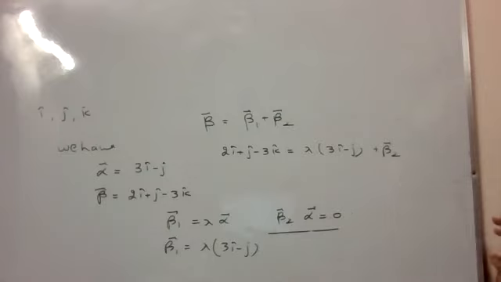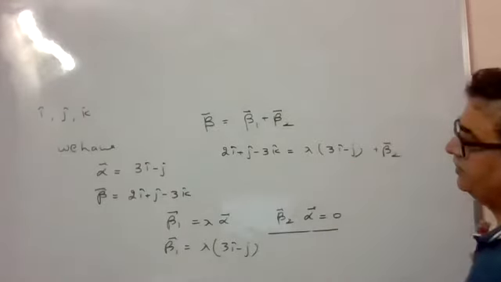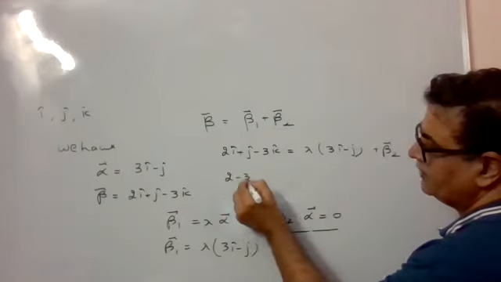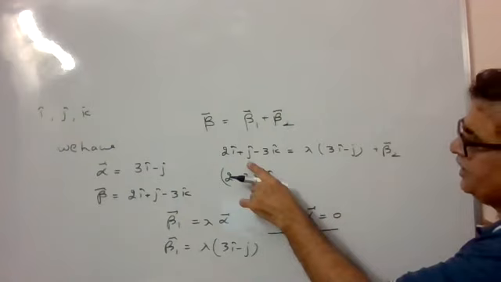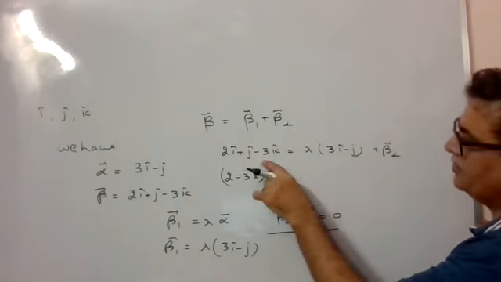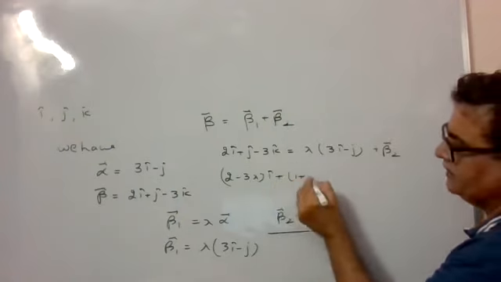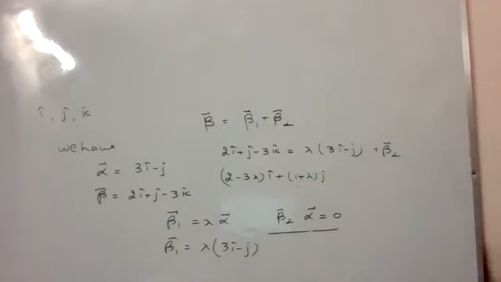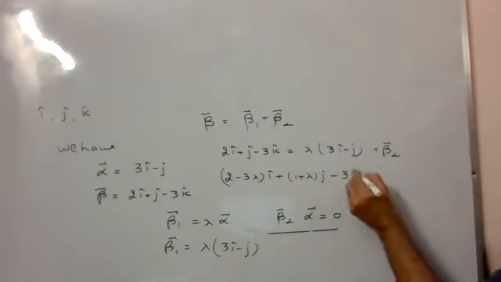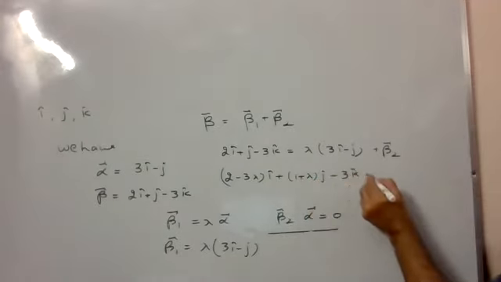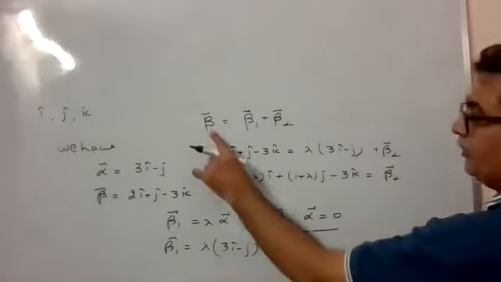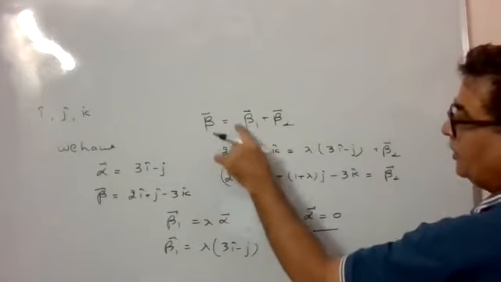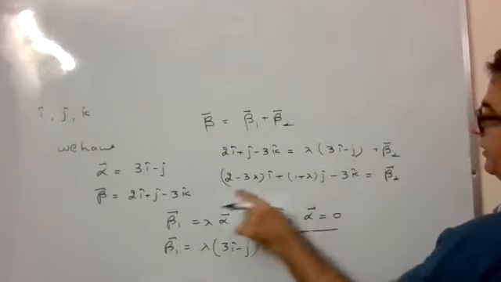When you go for beta 2, ये टर्म इधर जाएगी. क्या बनेगा? (2 minus 3 lambda) i cap, then plus j plus lambda j, so it will be (1 plus lambda) j, minus 3k is coming as beta 2. So beta 1 is known, beta is known, so beta 2 I can calculate from here.